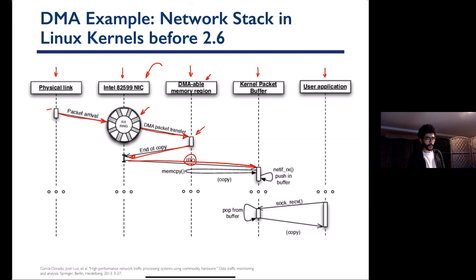Okay, so now where were we? The interrupt happens. Now the kernel, the bottom half, right? If you remember, after the interrupt, the bottom half starts running. And what it does is it copies the data from the DMAable region to the memory buffers in kernel space. Once that is done, at some point, you want to give this to the application.